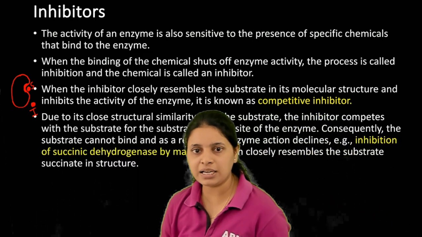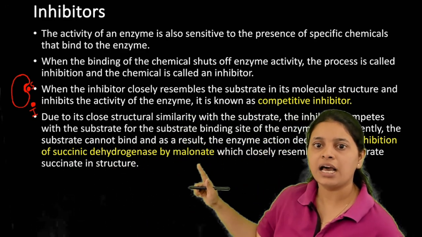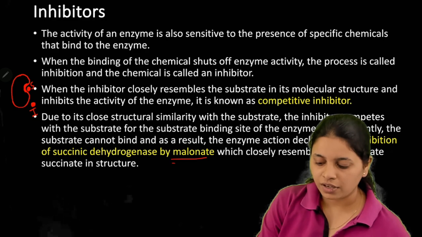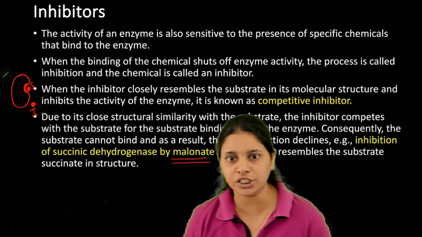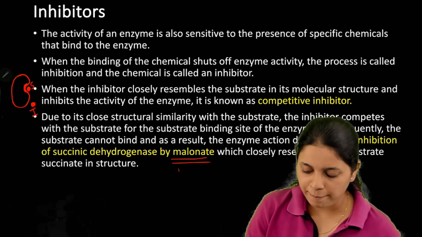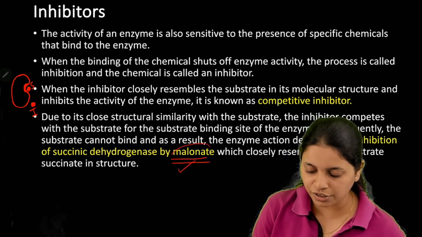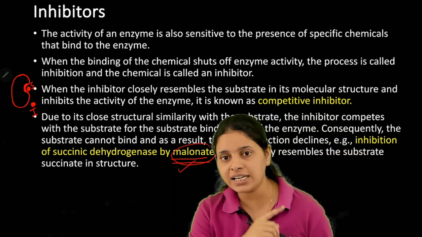We have a classic example, that is inhibition of the enzyme succinic dehydrogenase by malonate. There is an enzyme which is involved in the Krebs cycle, succinic dehydrogenase. This enzyme is inhibited by malonate. So this is the competitive inhibitor of the enzyme. The actual substrate is succinic acid.